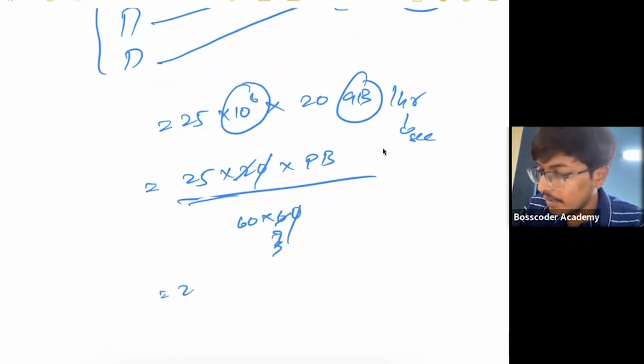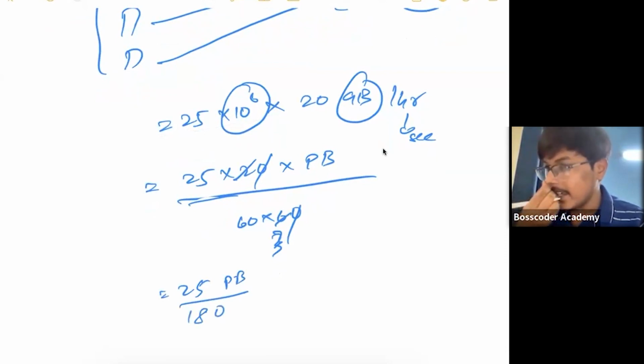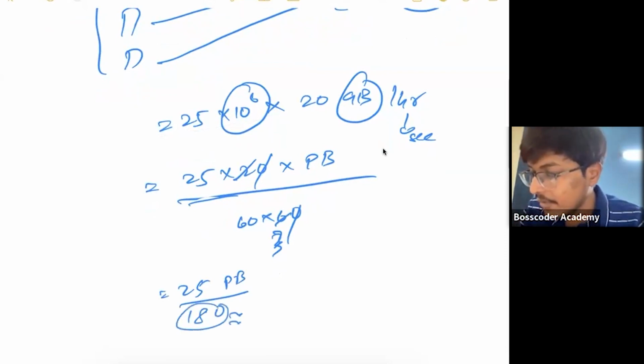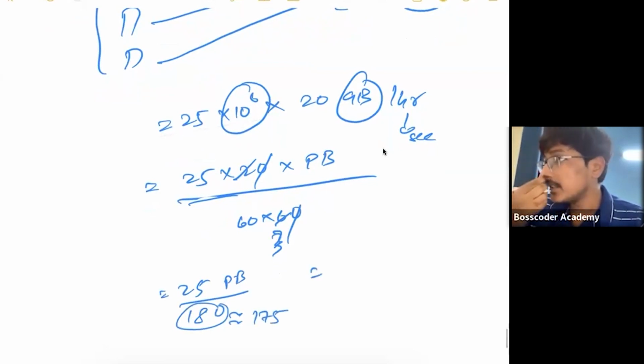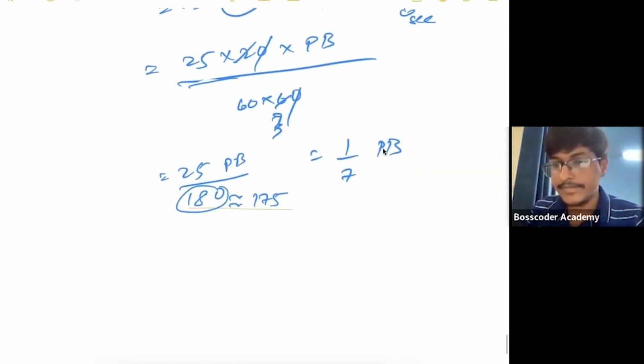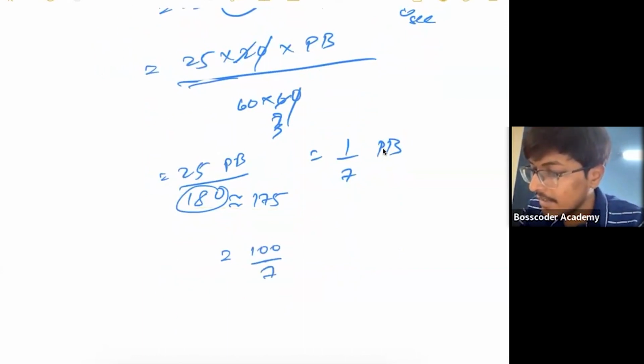This will become 25 petabyte into 180. So by 175, what will it become? 25, 50, one by 7, right? Makes sense. So I can write it like 10 by 100 by 7 into 10 terabyte per second.